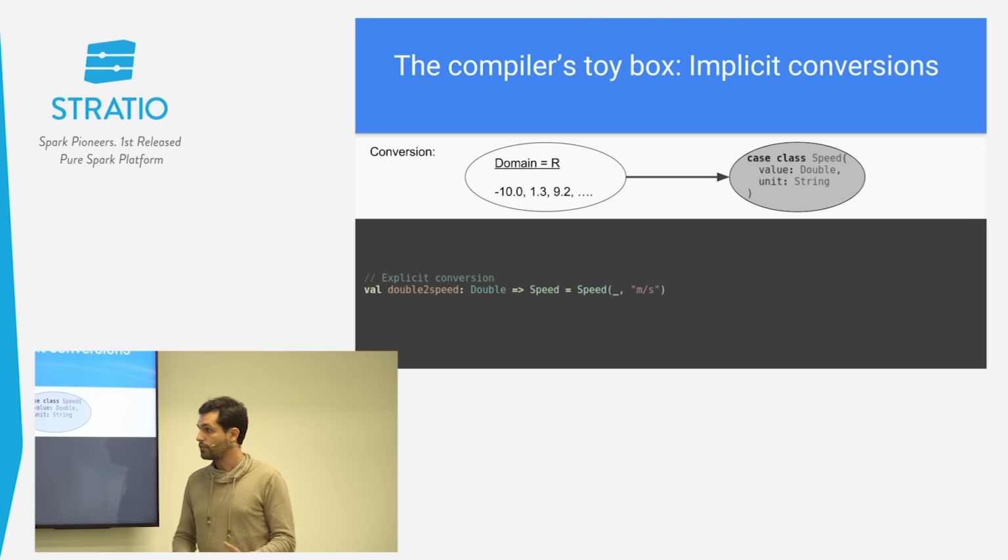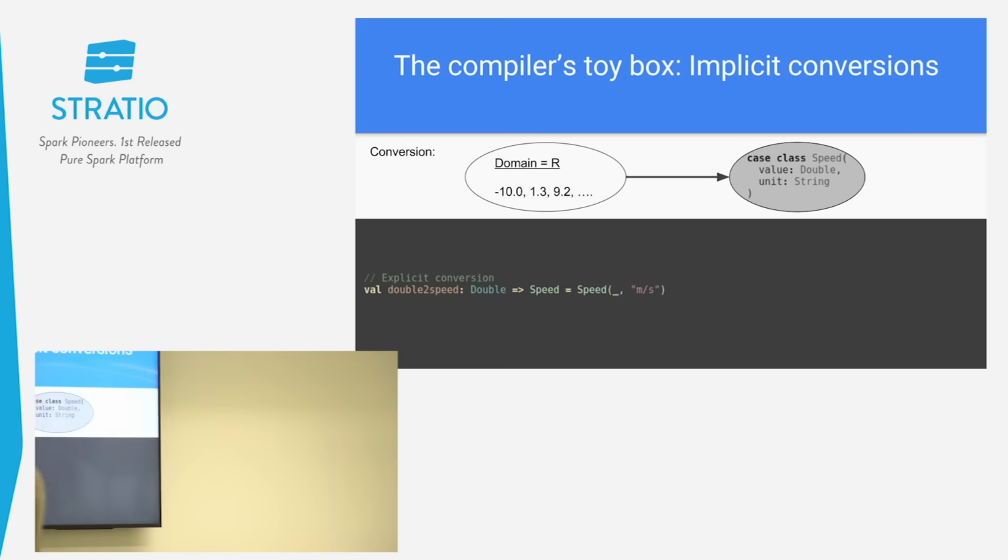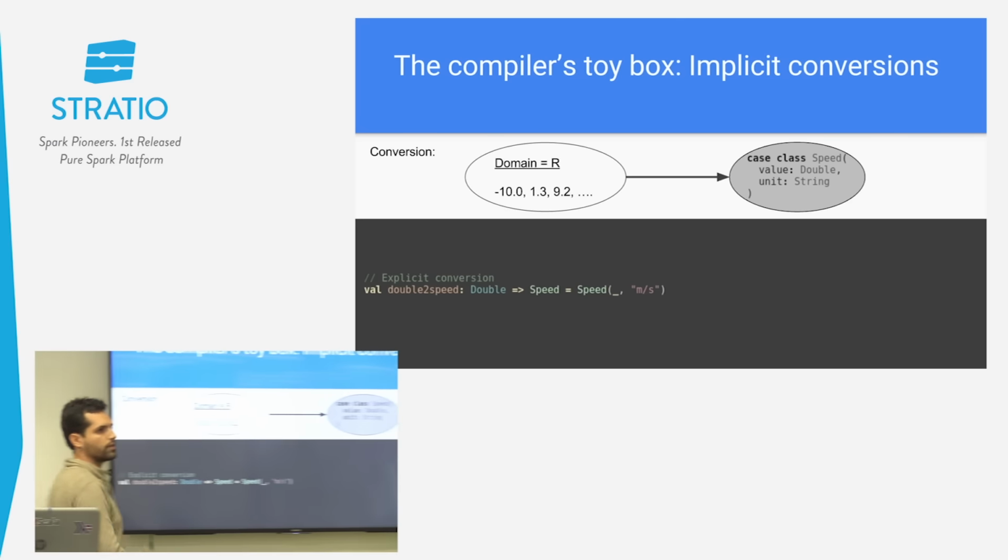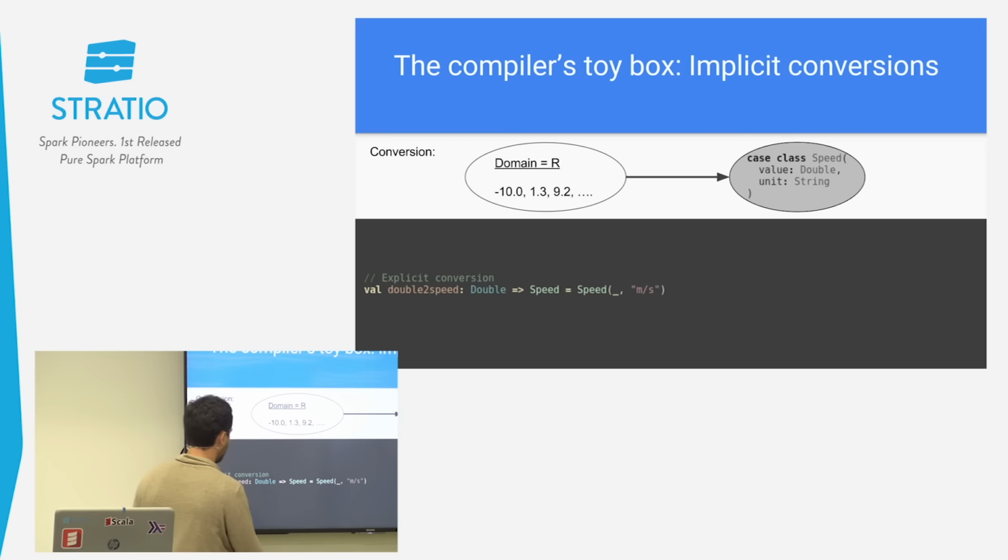So you can write a function to go from your double values you are receiving from sensors or IoT application or whatever, and write the function like this, from double to speed. And you build a function, you build an instance of that class, just by calling its constructor and giving a default unit for it.